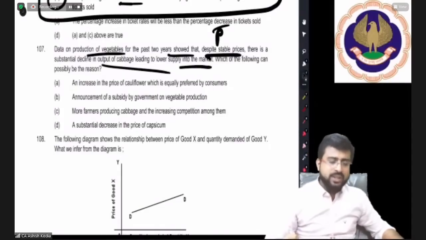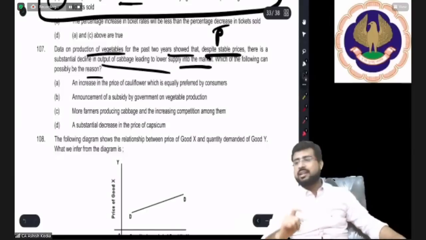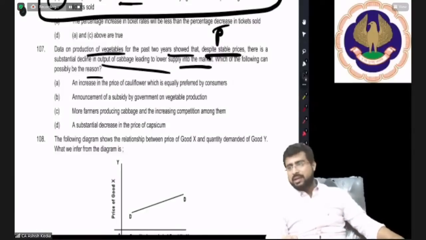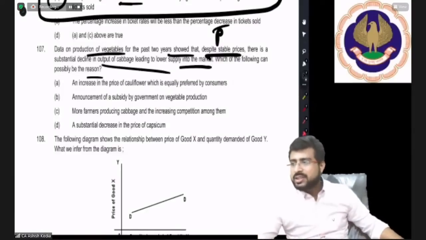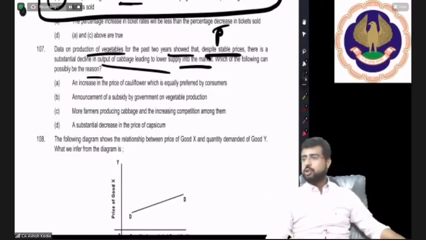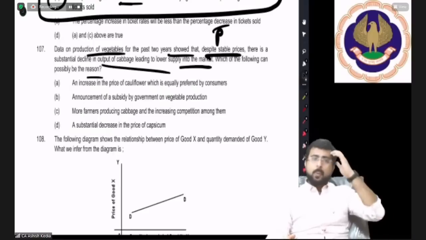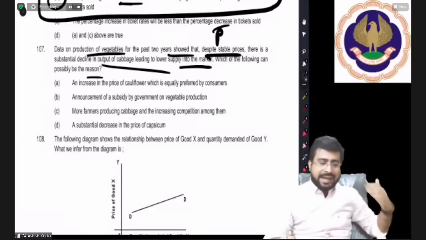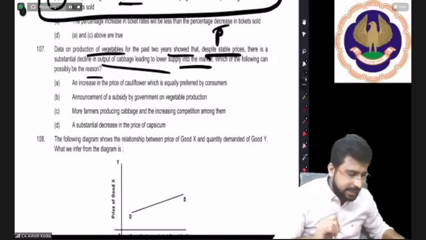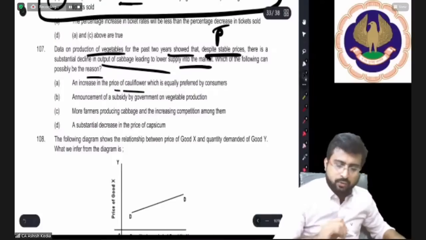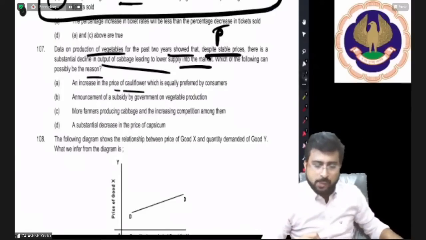Which of the following can possibly be the reason for decline in cabbage supply? We have been told that the prices have remained unchanged. You must not touch price. You must not talk about price. So pay attention, everybody. An increase in price of cauliflower, which is equally preferred by consumers.